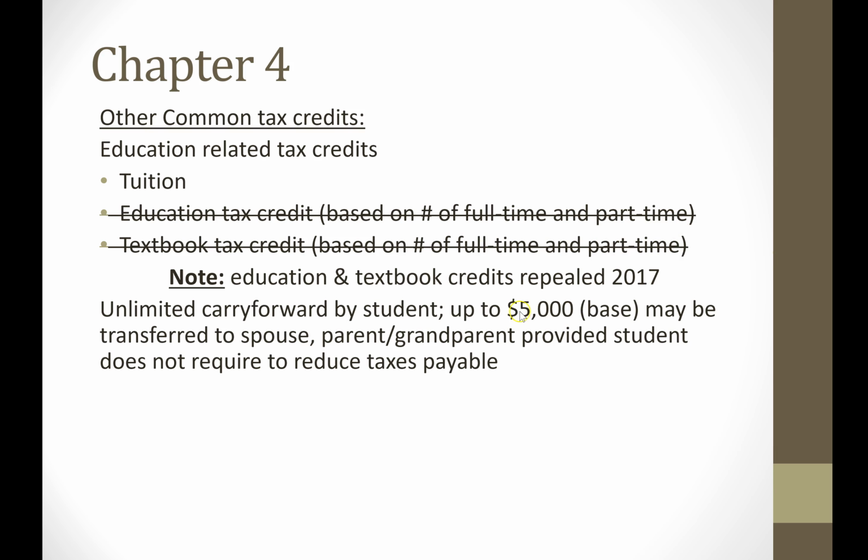However, up to $5,000 of the base amount could be transferred to the taxpayer's spouse, common law partner, or even the parent or grandparent. And once again, the spouse, common law partner, parent or grandparent could use that $5,000 base amount as their own tax credit to help them reduce their taxes payable.